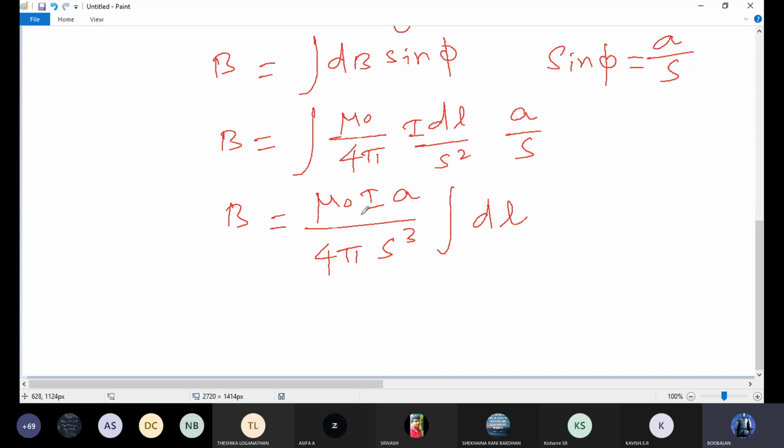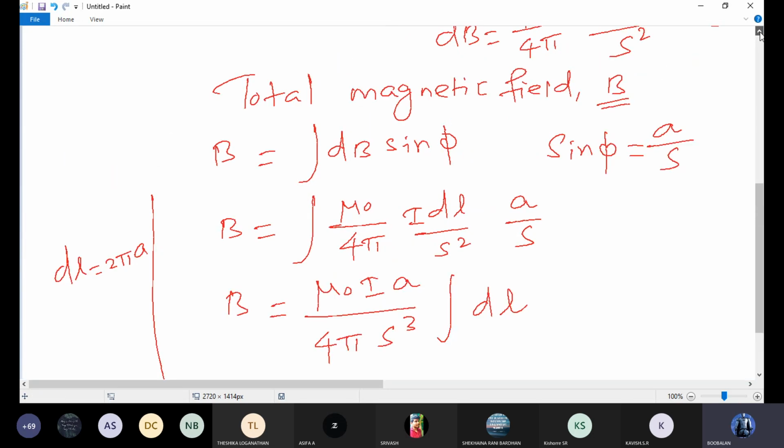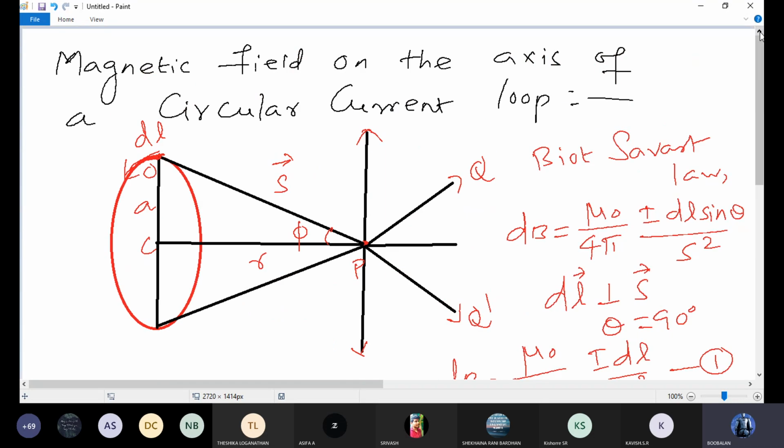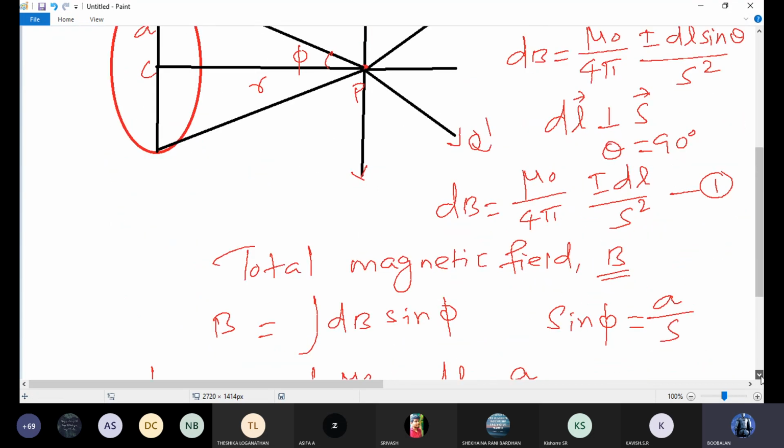So, what is the value of dl? dl equals 2 pi r, but in this condition it is 2 pi a, where a is the radius. Refer to the diagram. From the above diagram, a is the radius. So the value of dl is 2 pi a.